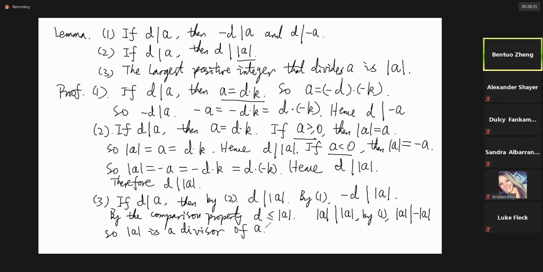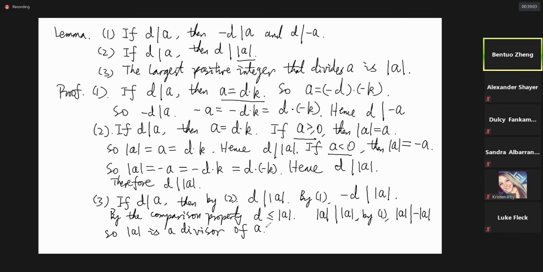So essentially, this lemma just tells you that when you talk about divisibility, you can put signs freely in front of the divisor or the original number. The divisibility doesn't change. And of course, for any integer, the largest positive divisor is just the absolute value of this integer.